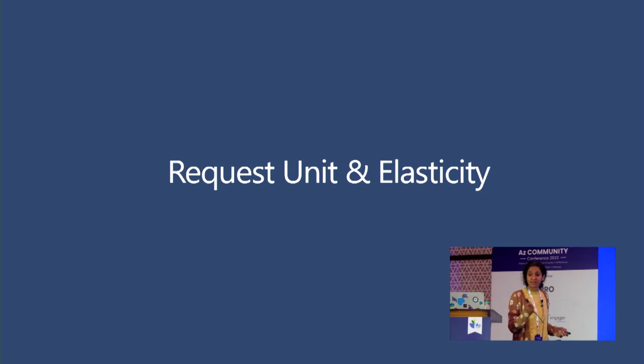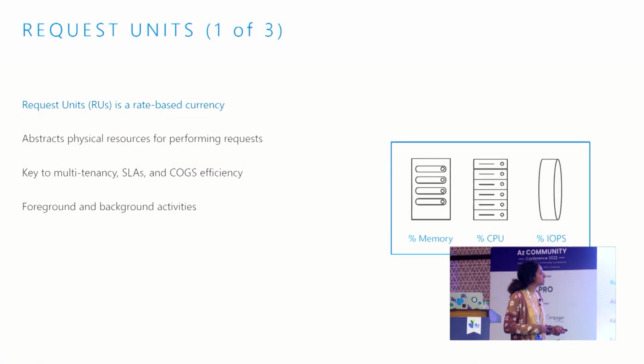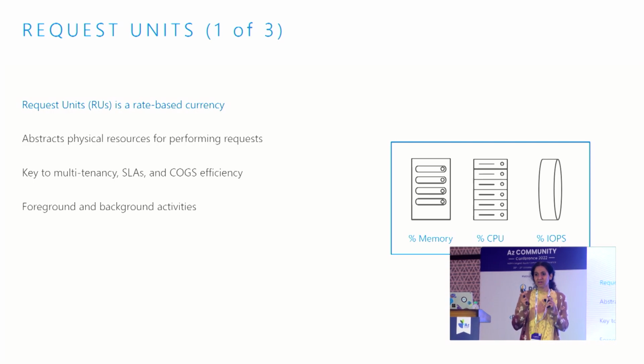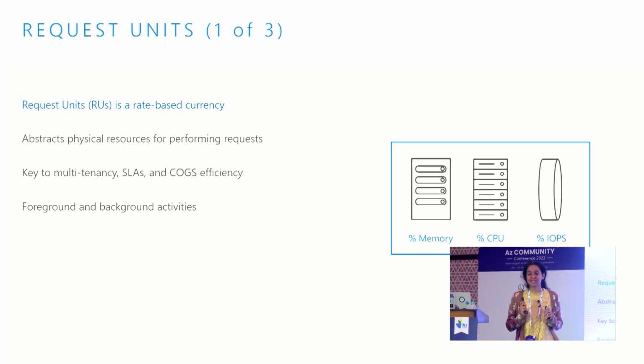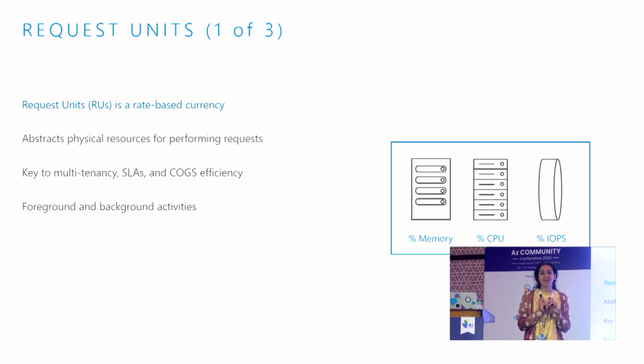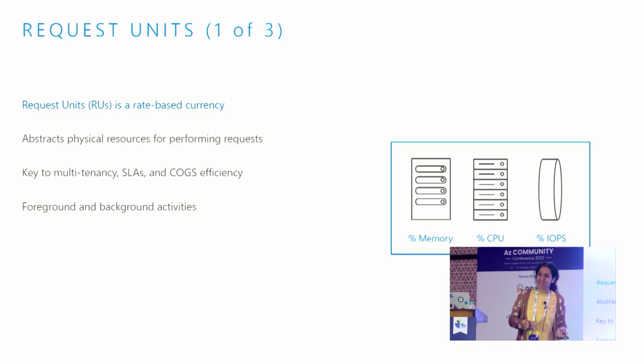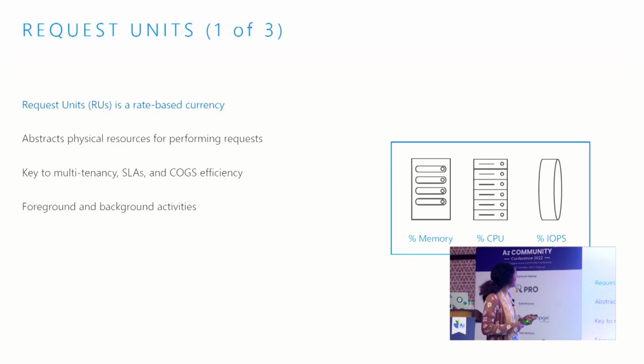So with that, question 2, request units and elasticity. Before we go to this gentleman's question, the most important construct I want to highlight is the currency on which we access and talk to Cosmos DB, which is called request units.